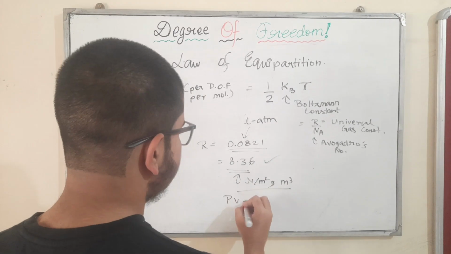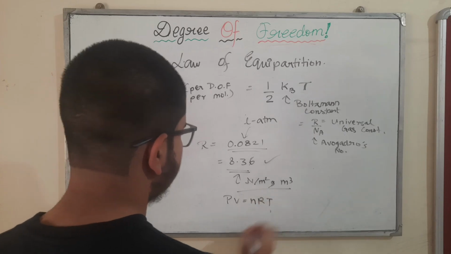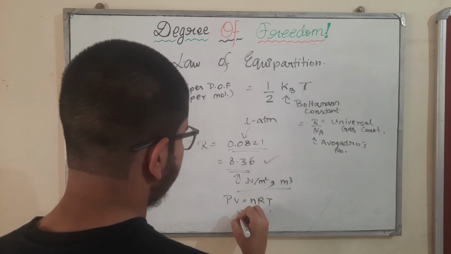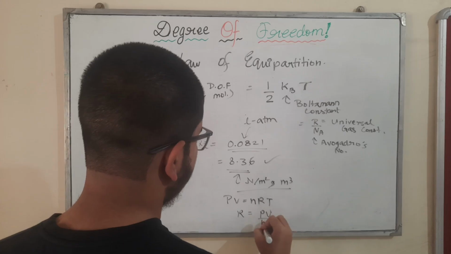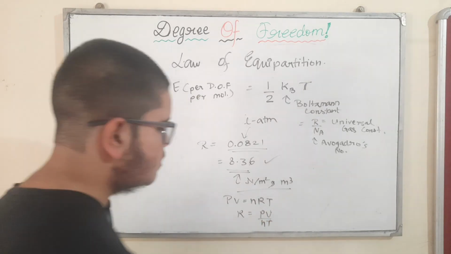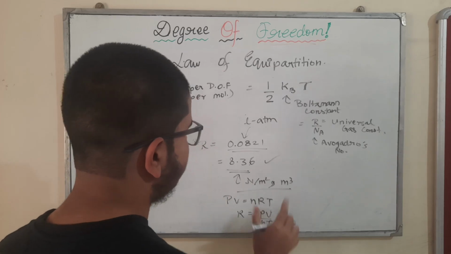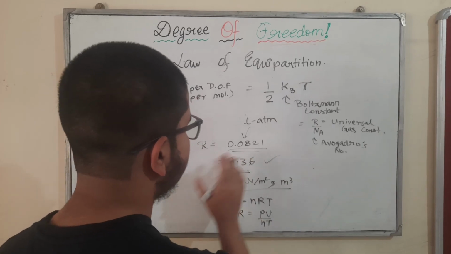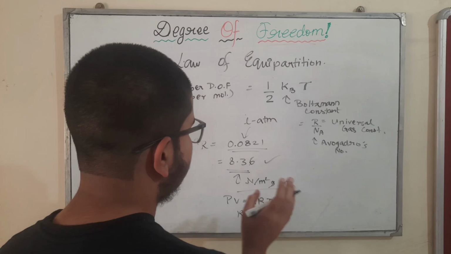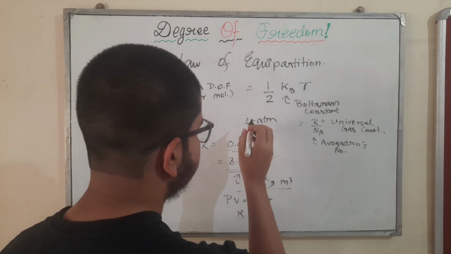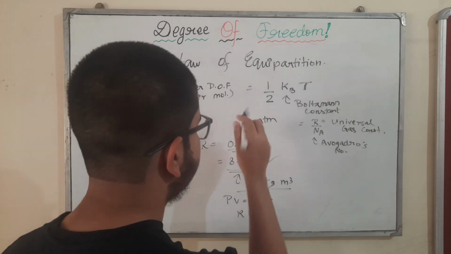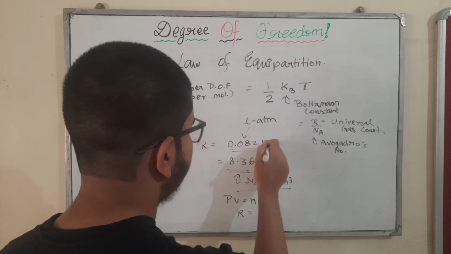PV equals nRT is the ideal gas equation. Now, what is R? R equals PV by nT. Right? So, when you are dealing with pressure in Newton per meter square and volume in meter cube, then you take this value. But when you are dealing with pressure in atm and volume in liters, then you take this value. Okay?